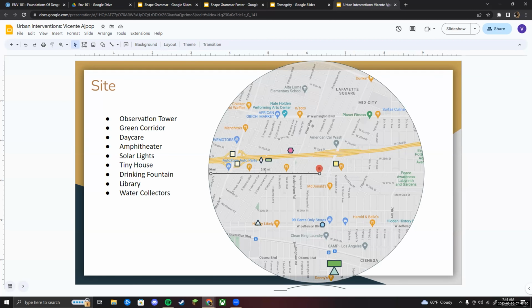The sites I picked: right here in the middle of the map is the site for the new AIA building. And around it, I was able to find some locations that could implement urban interventions.